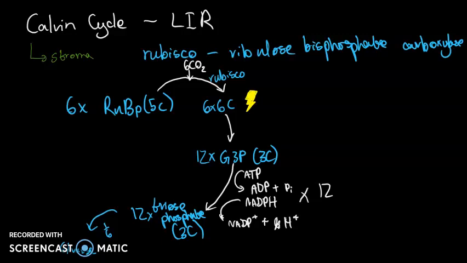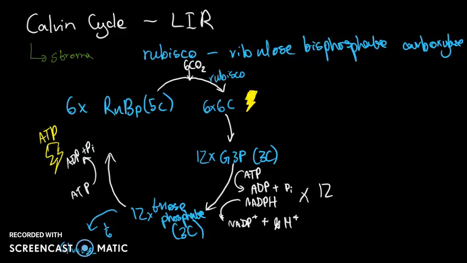What happens next is another process. The reaction by which triose phosphates form RuBPs requires energy, and this energy comes from ATP. Specifically, where we have 12 triose phosphates, we're going to need 6 ATP molecules to hydrolyze, so ATP becomes ADP plus phosphate.